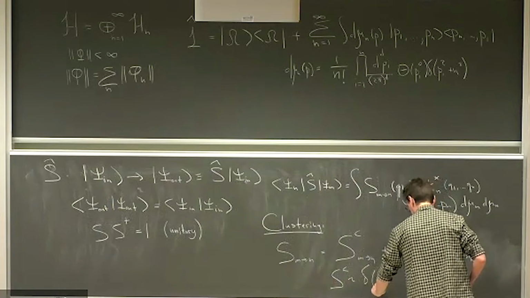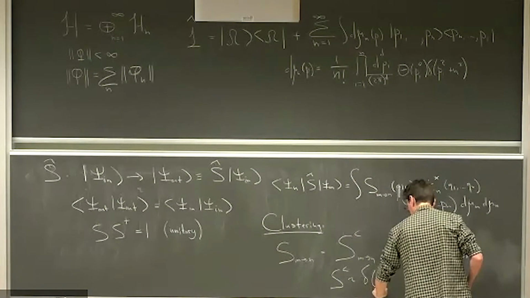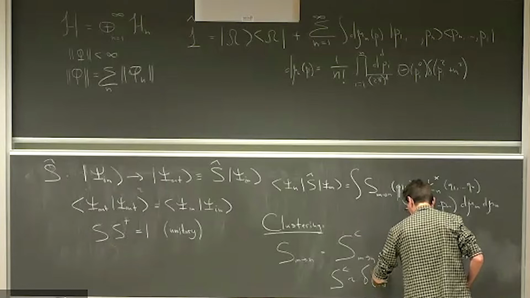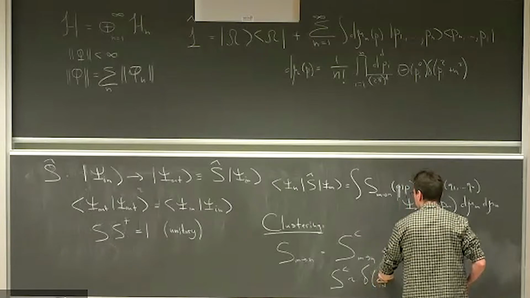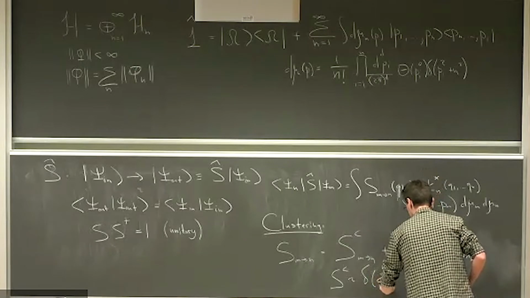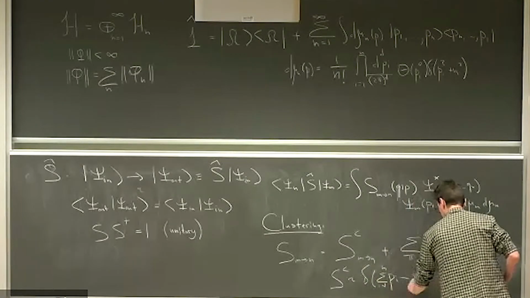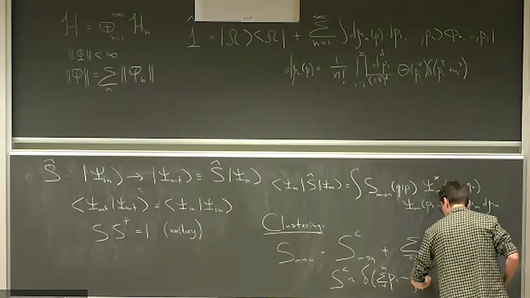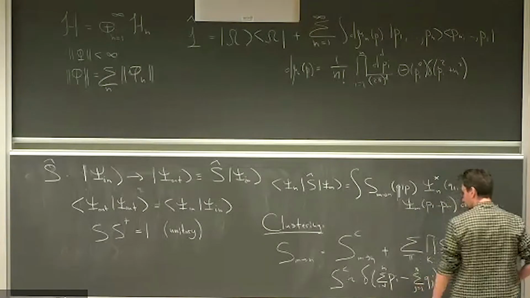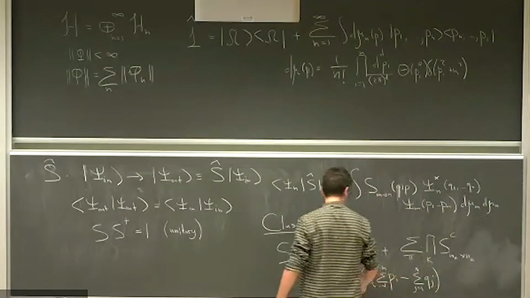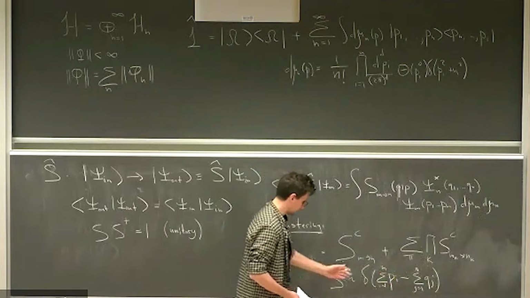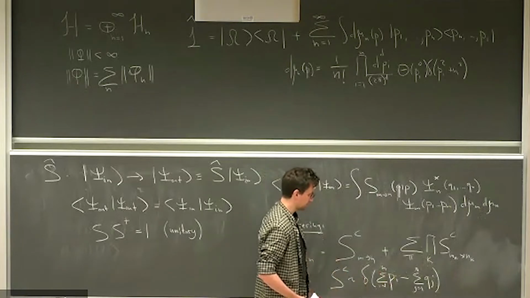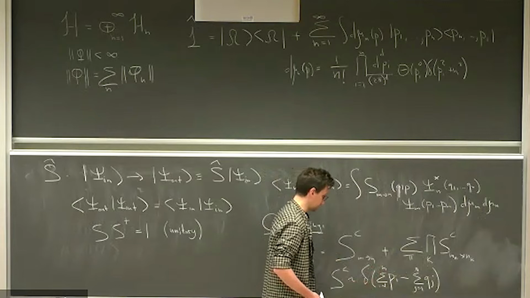So we have some incoming momenta from 1 to m and outgoing momenta, and this is, of course, because we have a Poincaré invariant theory, so the total energy and momentum is conserved.